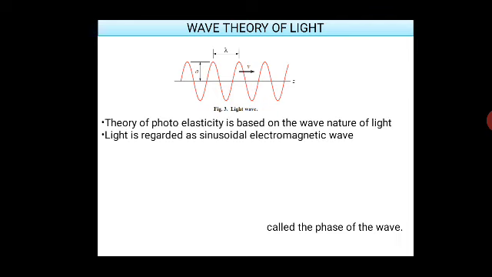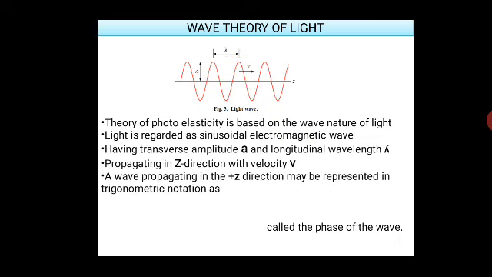See, the theory of photoelasticity is based on the wave nature of light. In general, the light wave is regarded as a sinusoidal electromagnetic wave, which has a transverse amplitude A and a longitudinal amplitude, that is the wavelength lambda, propagating in the z direction with velocity v.